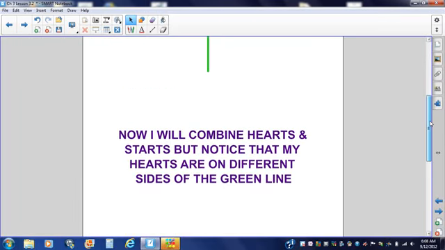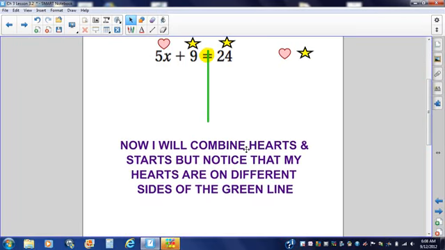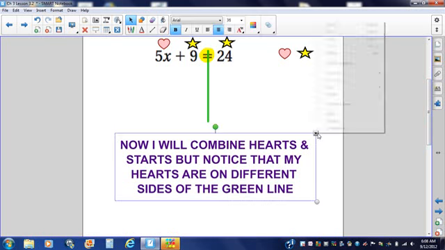Okay, next thing I'm going to do is try to combine my hearts and stars. But notice that my hearts are on different sides of my green line. My stars are on different sides of the green line.